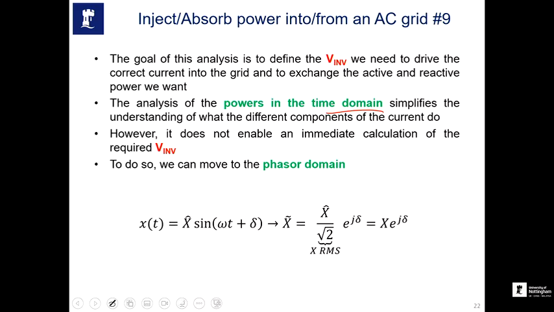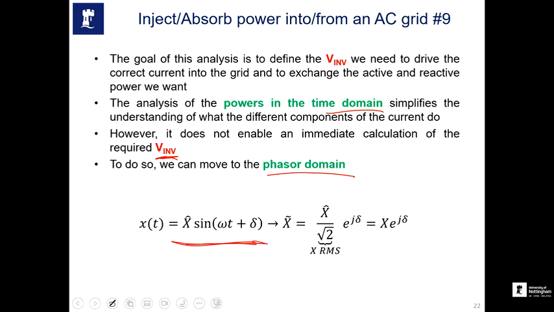Okay, so using the phasors, we'll be able to calculate what we need as V inverter from the inverter circuit. So we go to the phasor domain. As I mentioned a bit earlier, any sinusoidal signal we can represent with a phasor.